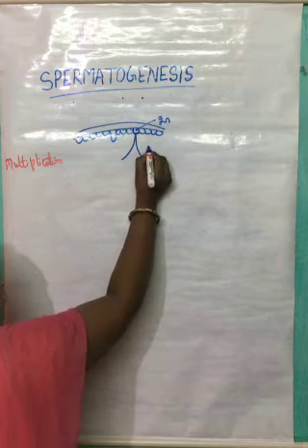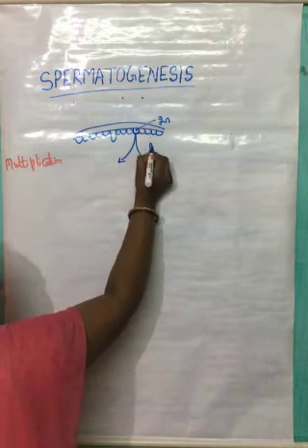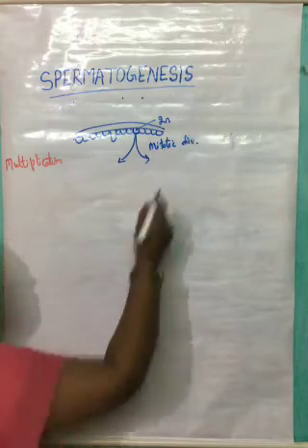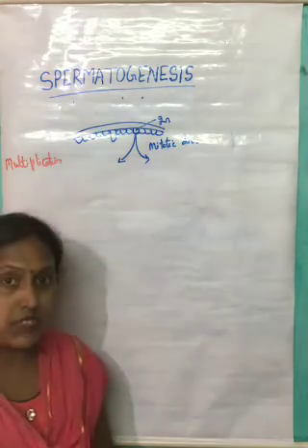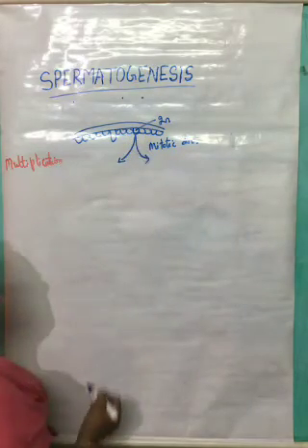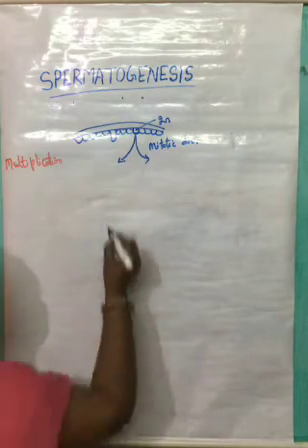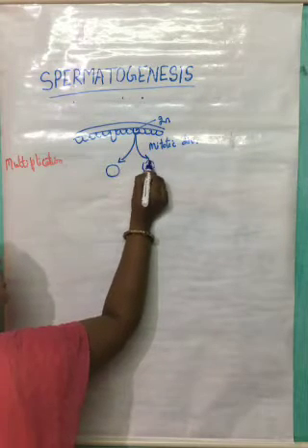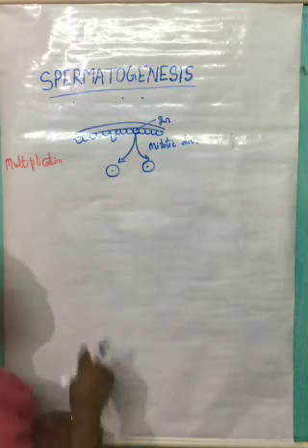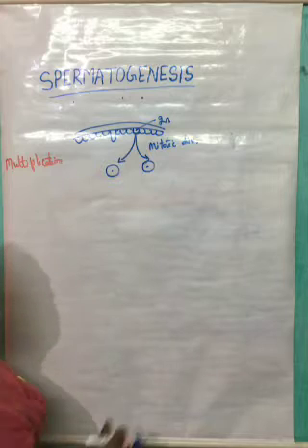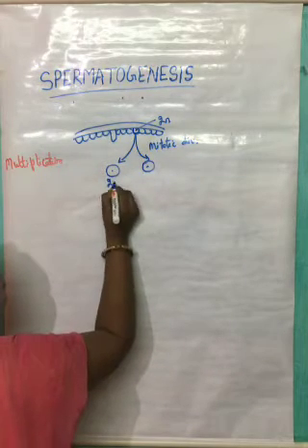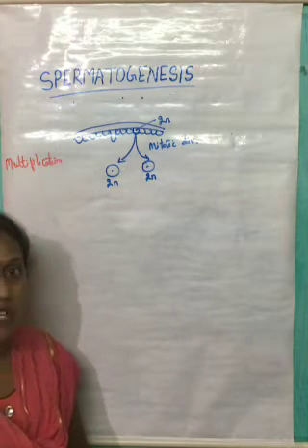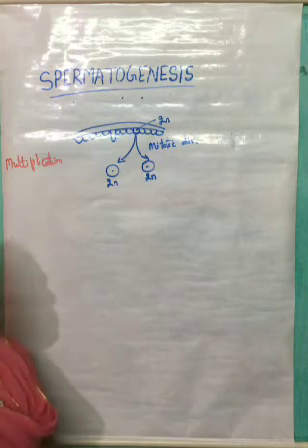So the first type of cell division here is mitotic division. As a result of mitotic division, the primary germ cell will lead to the formation of two daughter cells. As the type of cell division is mitotic, it will lead to the formation of diploid cells having 2n number of chromosomes.